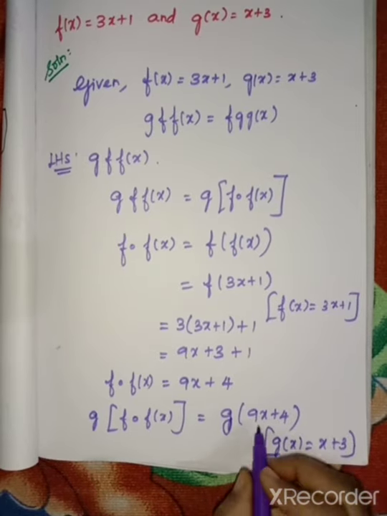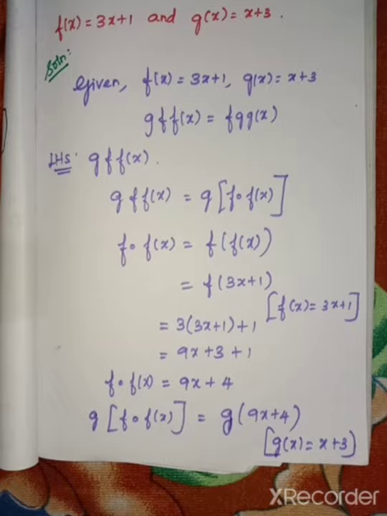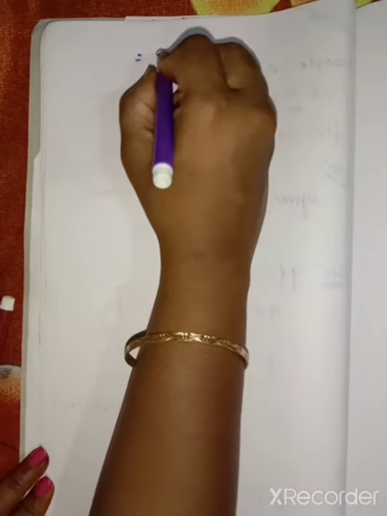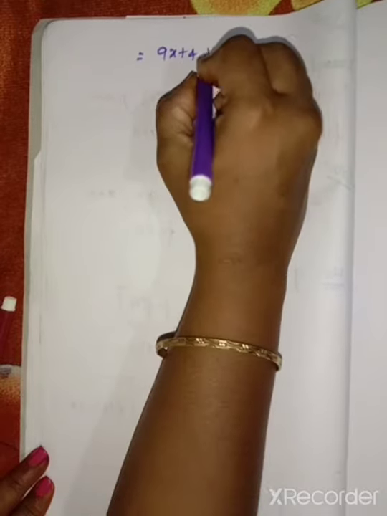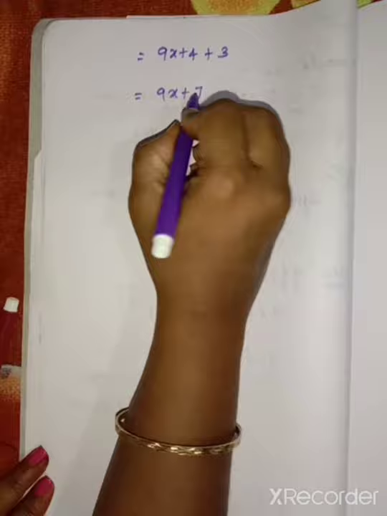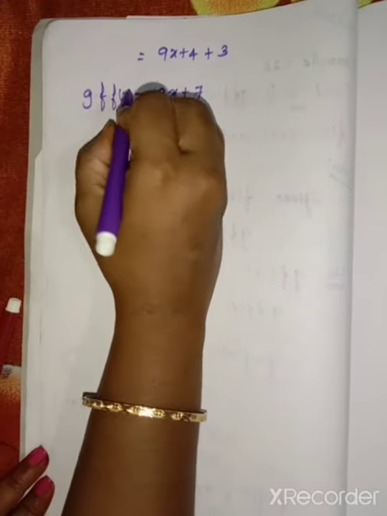So in place of x we substitute 9x plus 4. That is 9x plus 4 plus 3. Here we can add, that is 9x plus 7. This is the function g of f of x.